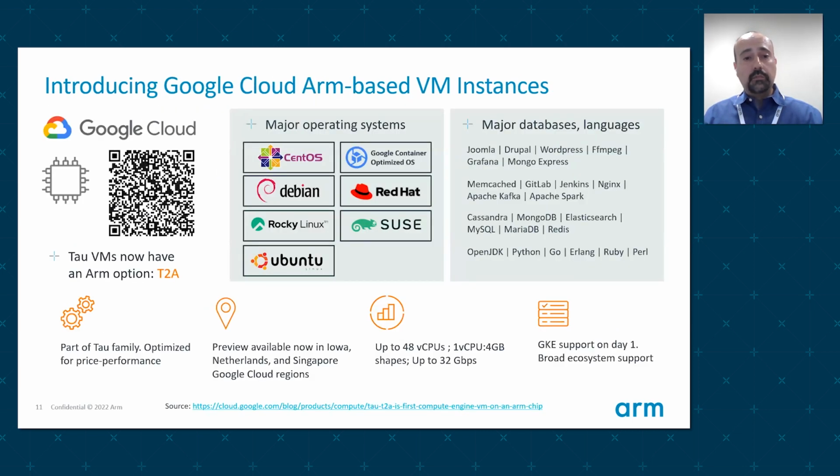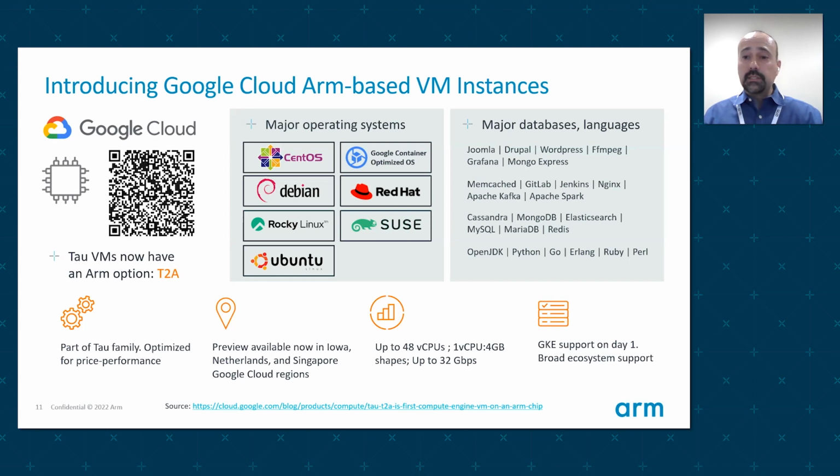The last partner that I'll call out is Google Cloud. Google Cloud is the most recent public cloud to offer Arm Neoverse-based VMs, introduced in their Tau T2A VM series in July. Tau T2A VMs are also based on the Ampere Altra CPU and support up to 48 vCPUs per instance.